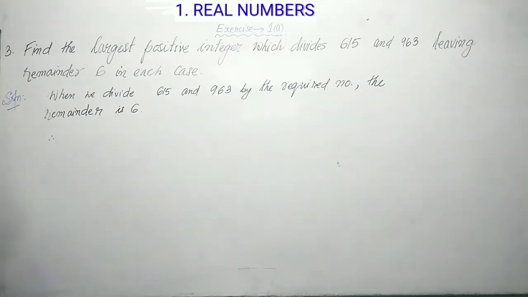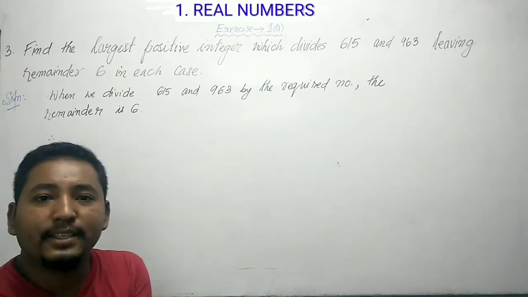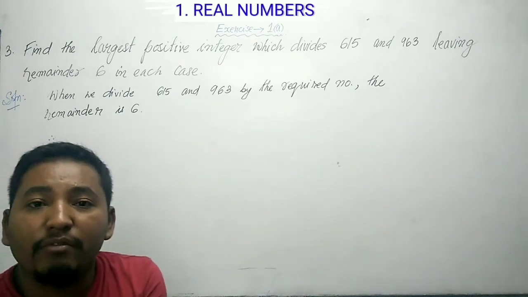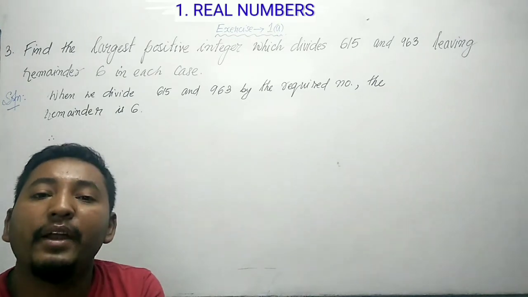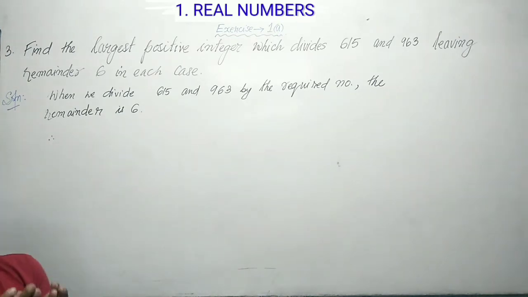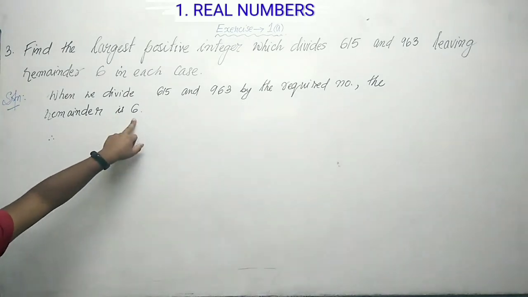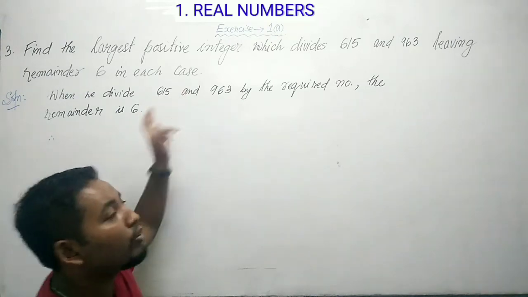So what do we do? Since the remainder is 6 and here the largest positive number means HCF, and when you find the HCF, the remainder must be 0, is it not? So what do we do in order to make the remainder 0? We subtract this 6 as a remainder from these two numbers.